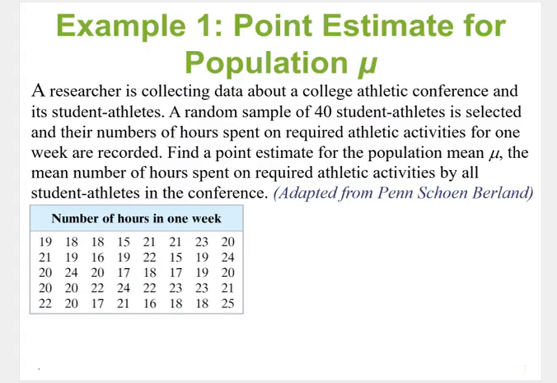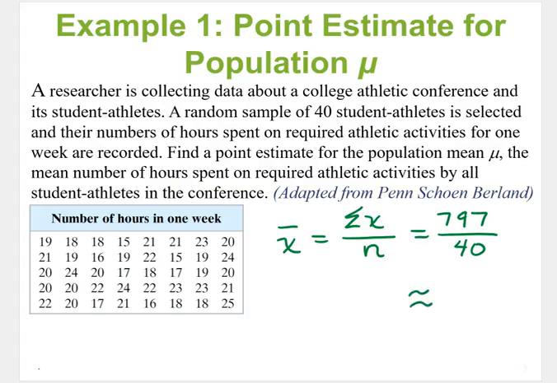If you remember, this is the same way that we calculated x bar in earlier lessons. We add up all the points and then divide by the number of points that we have. In this case, we add up all those numbers, and the total turns out to be 797, and our n is 40, so we divide those.